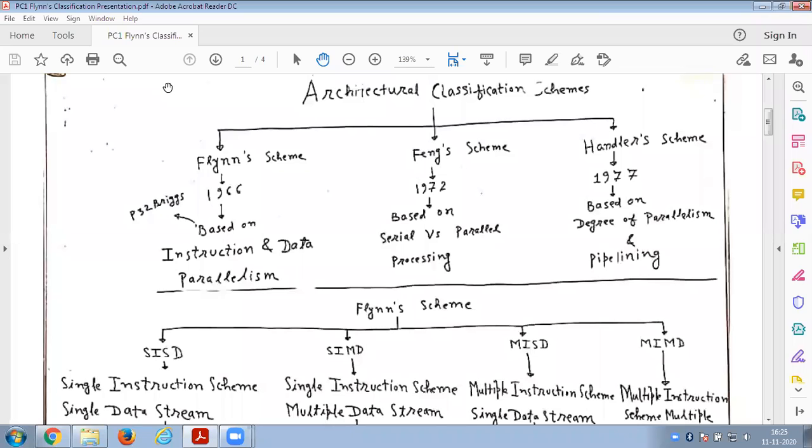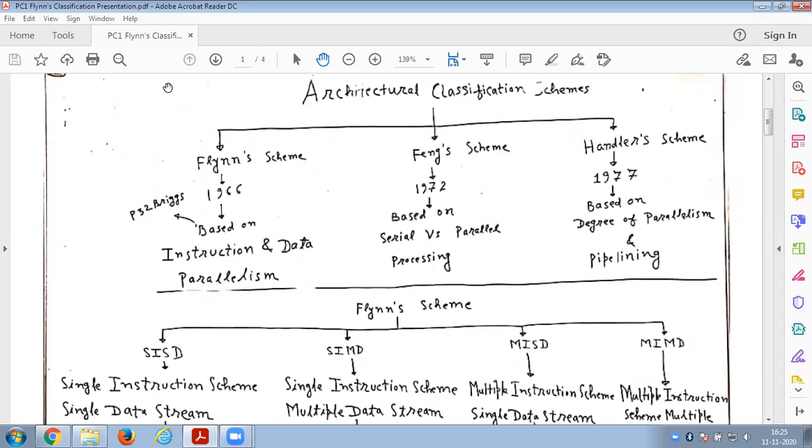Similarly, dividing computers into different categories is a very difficult task, because there may be several parameters: speed, memory, and various other parameters. So scientists have always attempted to divide computers into various categories in an effective manner.